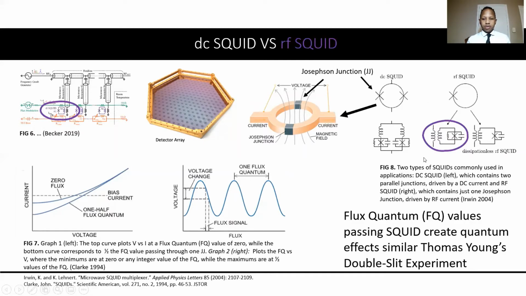The RF SQUID, at least, works so that when there's a change in flux, it creates a change in voltage, which allows for the detectors to detect like a qubit and process that as information.